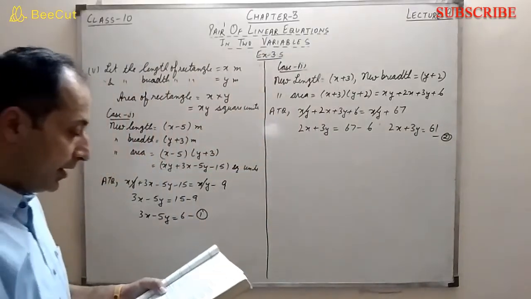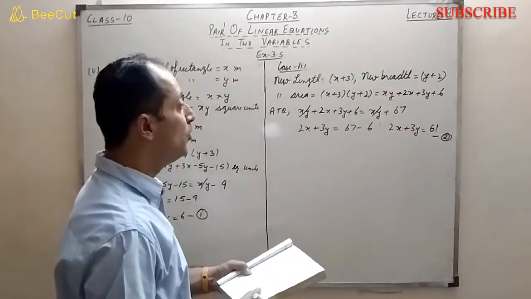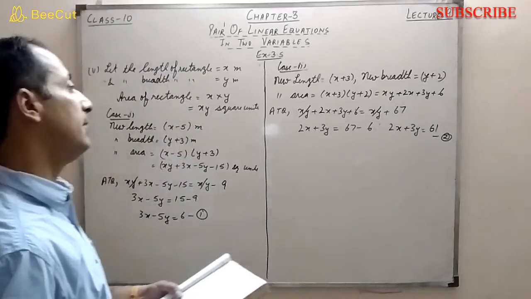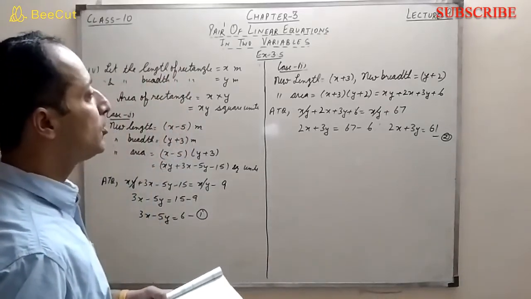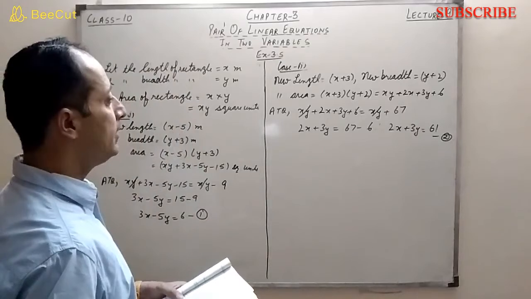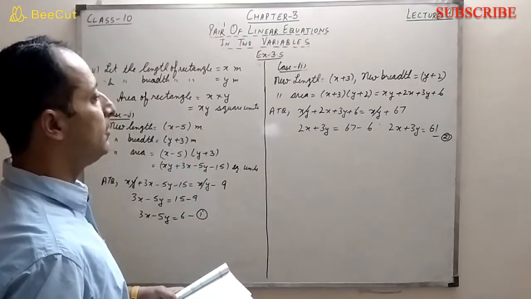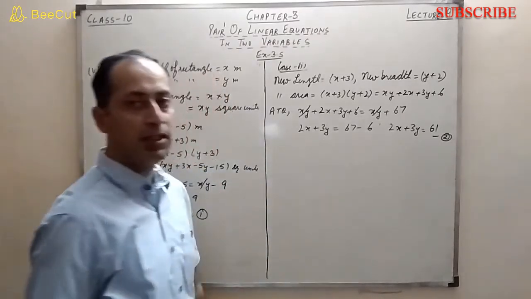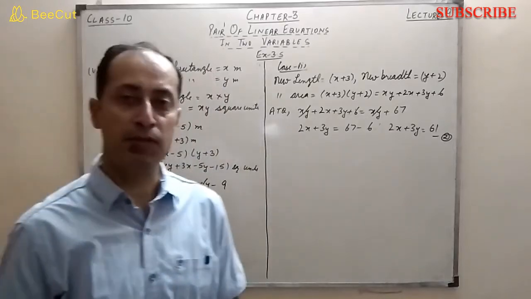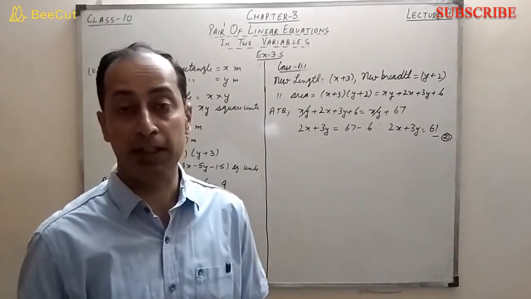Once again, length is increased by 3, breadth is increased by 2, and the new area is increased by 67. So this is x plus 3 into y plus 2, that is xy plus 2x plus 3y plus 6, and that will be equal to xy plus 67. So I get 2x plus 3y equals 61. So see, this is what happens if you make a slight mistake in reading the question.